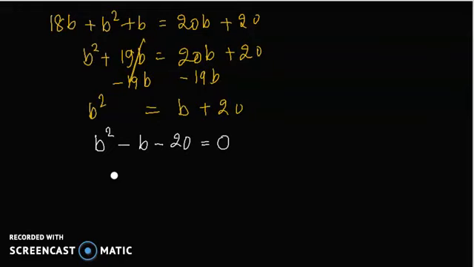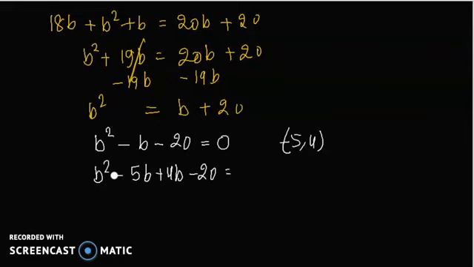Because this is negative 20 and this is minus 1, we are getting these two numbers, which we can use here. So b square minus 5b plus 4b minus 20 equal to 0.